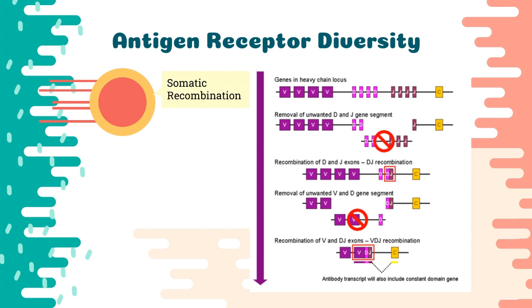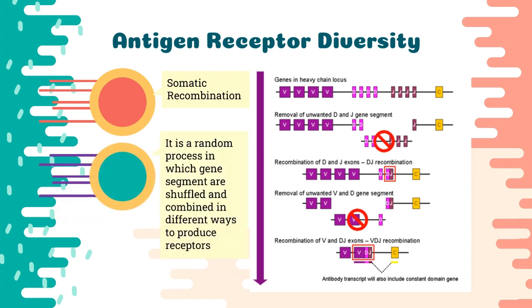As we know, the receptors are proteins, and proteins are produced by transcription and translation. In our bodies we have more than 20,000 genes. These gene segments are shuffled and recombine again to form these receptors. So that's how our body produces diverse antigen receptors.